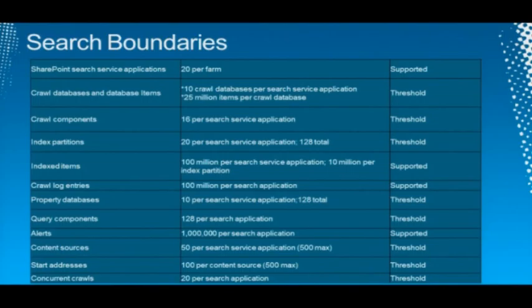So now we've already reached a threshold where, if we were looking at, say, 40 million items in our business, we know we need two crawl databases regardless, because the threshold is already pointing us to the fact that we have to carve that component up and split it into two. Why are we doing this? Because we're trying to index 40 million items, obviously.